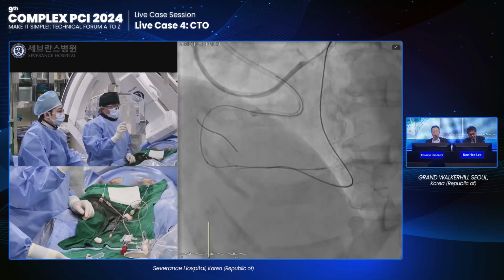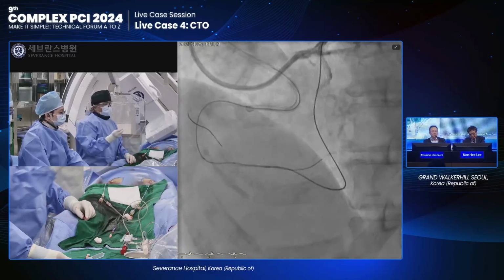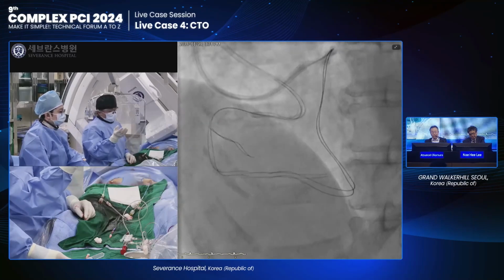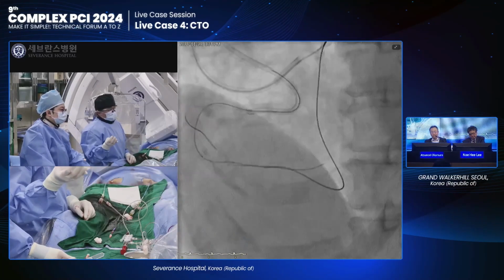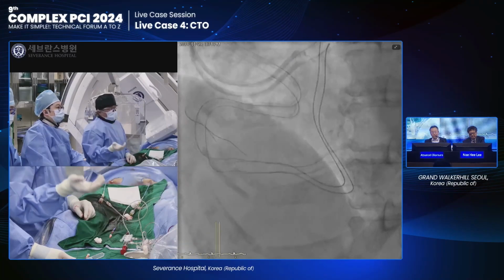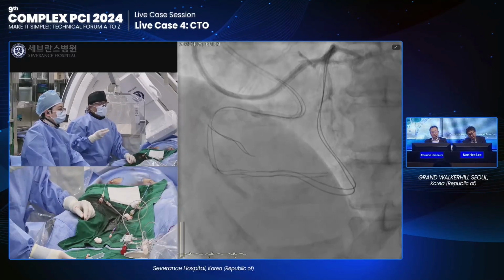So the reason why I chose a hybrid method in the antegrade and retrograde, and also every doctor recommended reduced contrast volume, and sometimes retrograde injection or retrograde PCI is better.